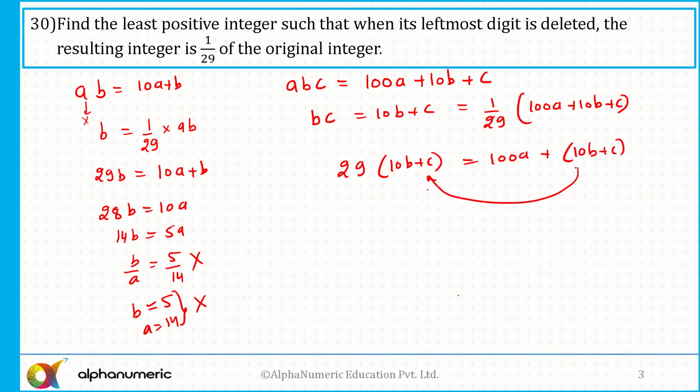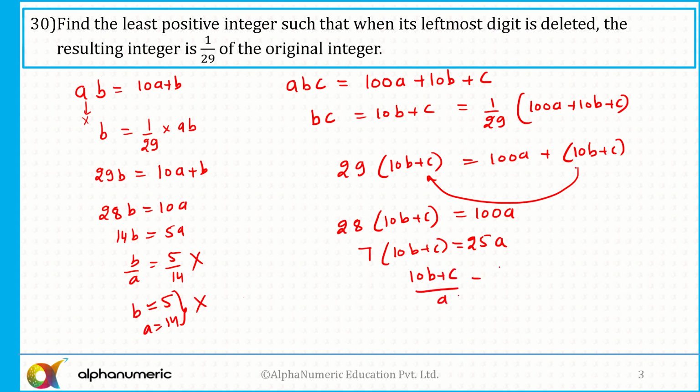Take this term on the left-hand side, so I'll get 28 times (10B plus C) is equal to 100 times A. Cancel a few of the terms: 4 is common, so that is 7 times (10B plus C) is equal to 25 times A. Now from here, (10B plus C) upon A is equal to 25 by 7.